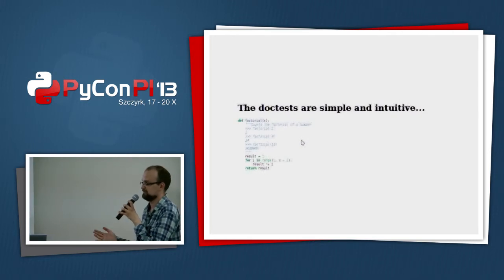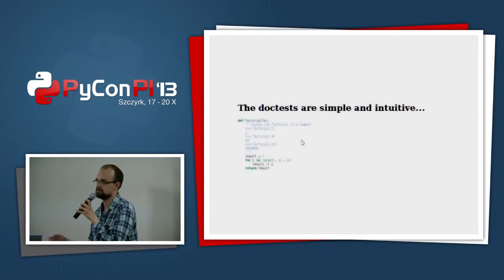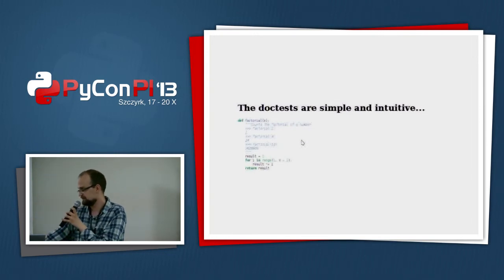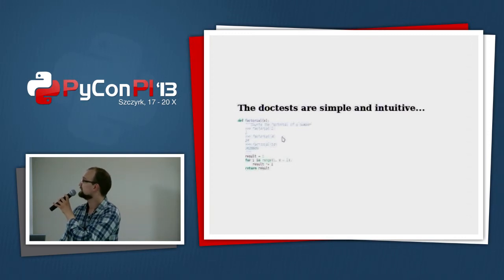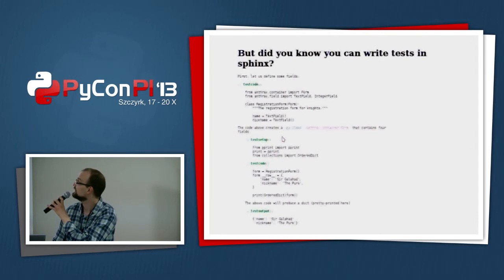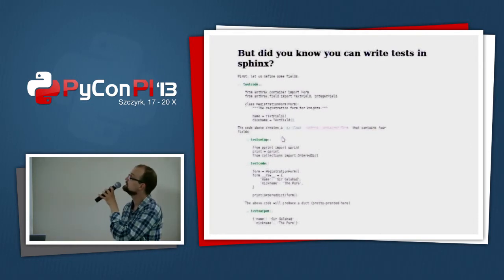We need to know if it's really like we say, because if some user would see some examples and they won't work, we don't want that. But doctests are quite simple. They don't have many features, but there is a much more powerful way of testing your documentation.